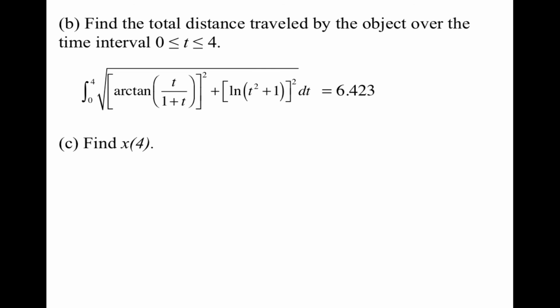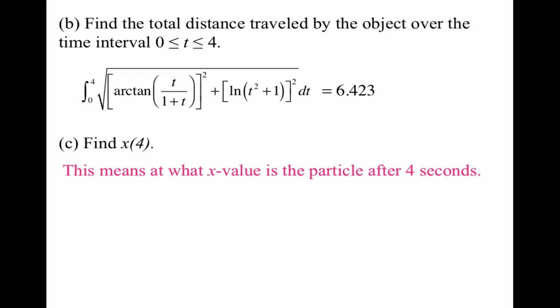And then part C says to find x of 4. Well, this means at what x value is the particle after 4 seconds. Since I want just the x value, I don't care about the y value. So when I integrate my speed, I'm only focused on the horizontal component. I am not worried about the vertical component.